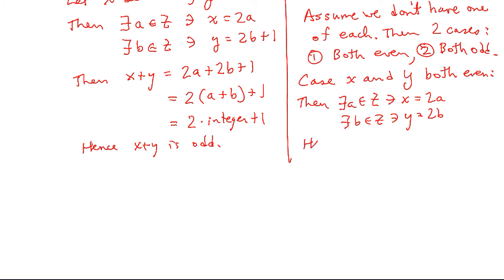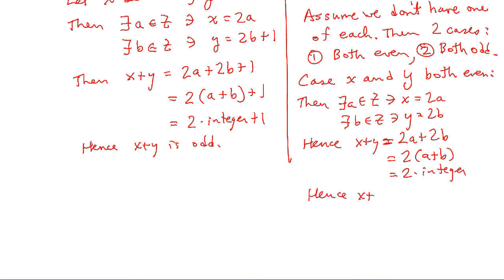Hence x plus y is 2a plus 2b, which is twice a plus b. Hey, this is very similar to the previous one, which is 2 times an integer, and hence x plus y is even, and hence x plus y is not odd.